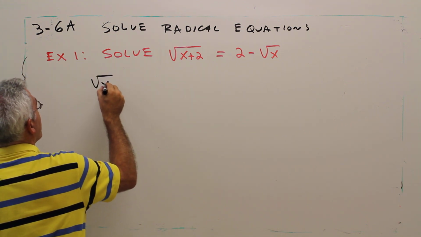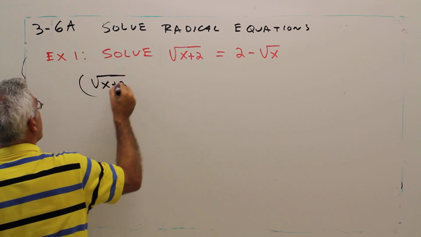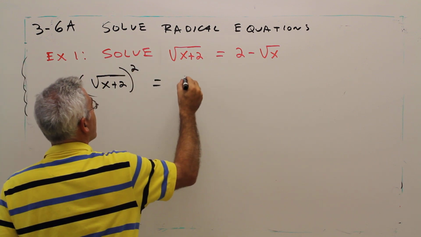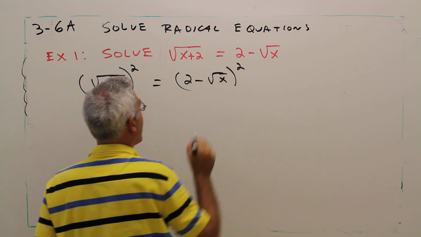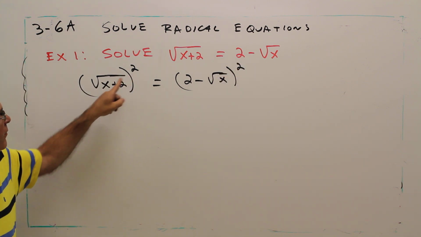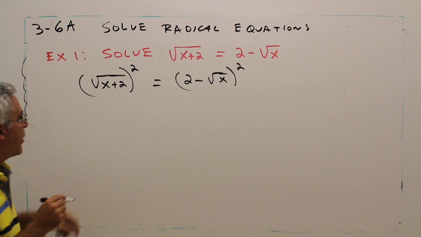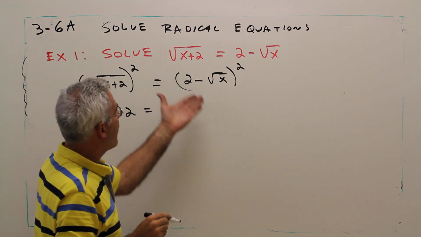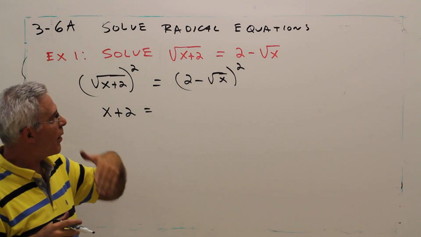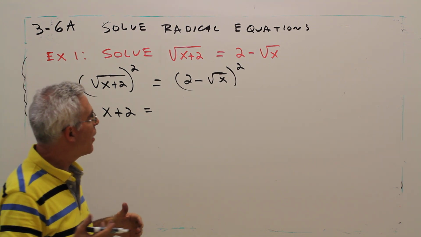The square root of x plus 2 squared, 2 minus the square root of x squared. And when I square that, I just get x plus 2. Over here, if you want, you could use FOIL or just know the pattern.